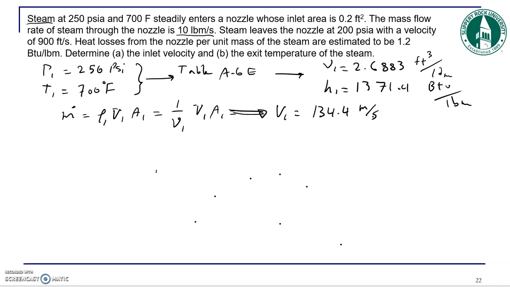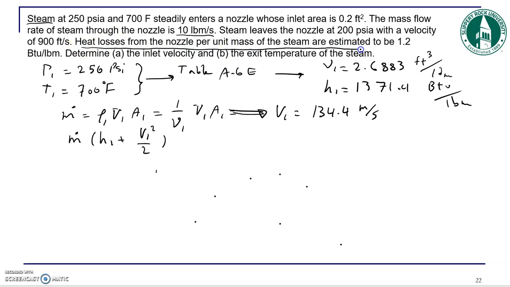So what does the first law of thermodynamics look like for this system? m dot multiplied by enthalpy of the entrance plus velocity squared divided by 2 is equal to, please notice that we have a heat loss in this system, right?